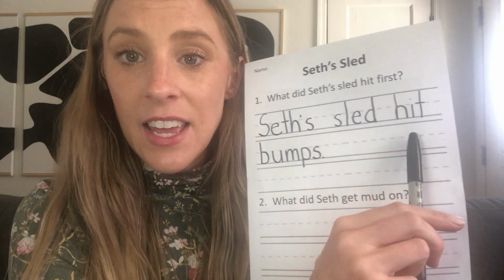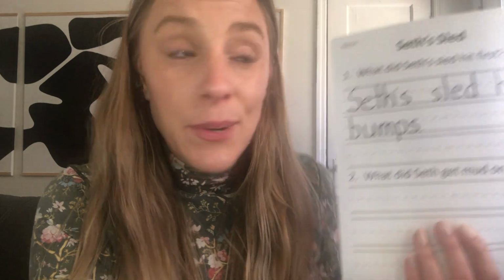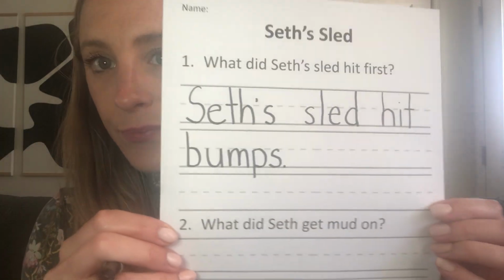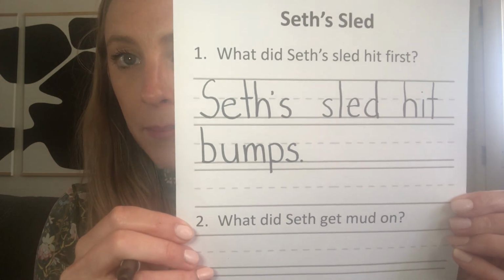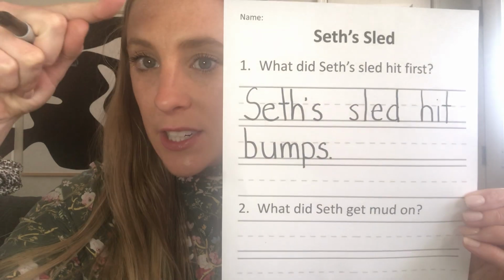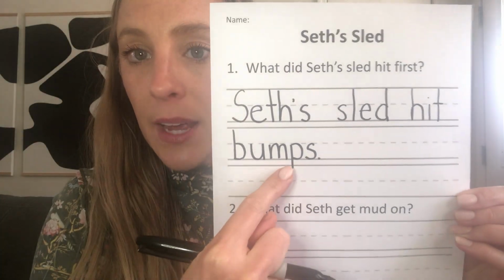Seth's sled hit bumps. The author told us that, so we knew this was correct, and we knew it was the first thing Seth's sled hit because that was the first thing the author mentioned. All right, hopefully you got the first one down. Here it is. If you want to copy it, make sure you have those finger spaces, tall letters when they need to be tall, diggers when we got a digger.